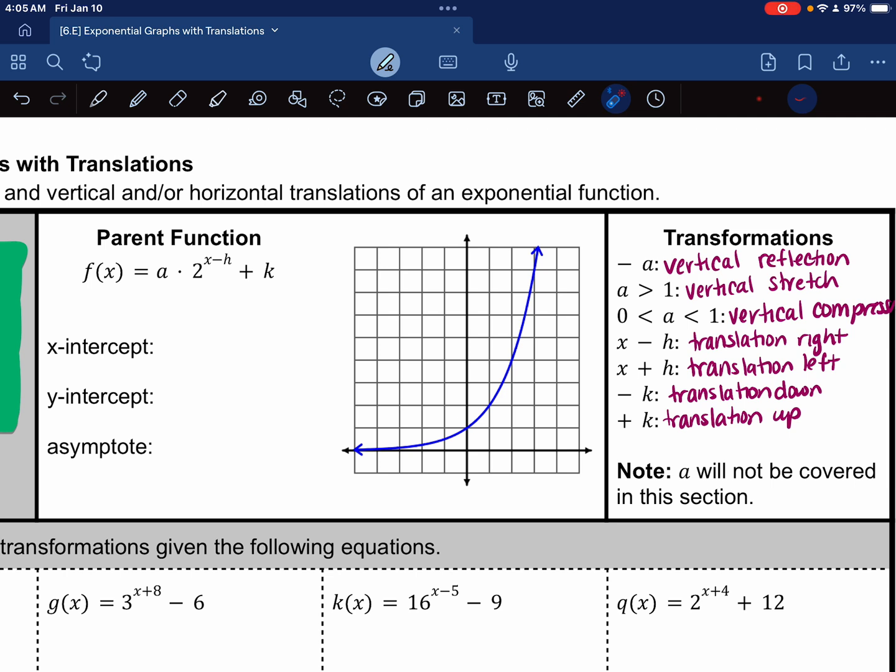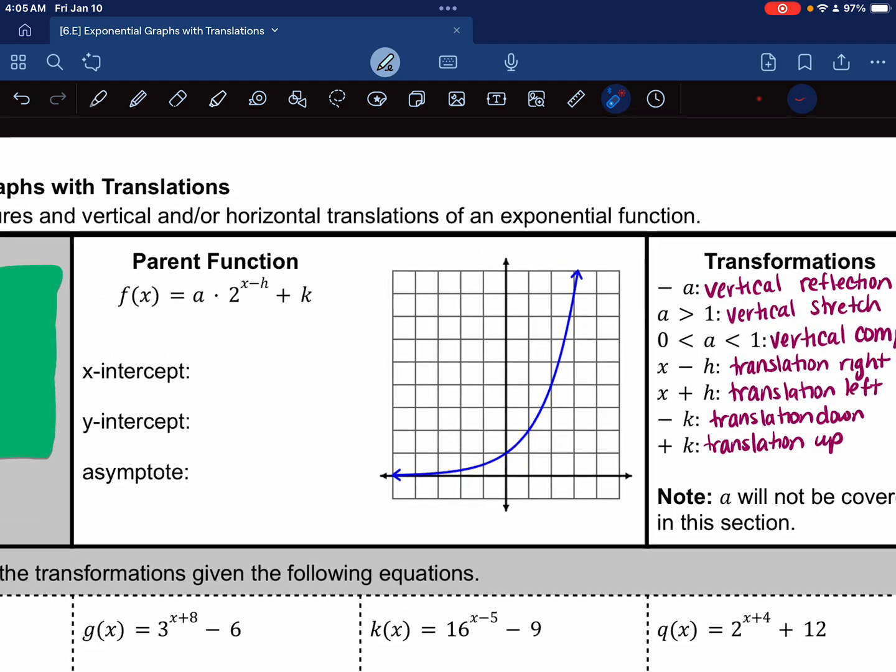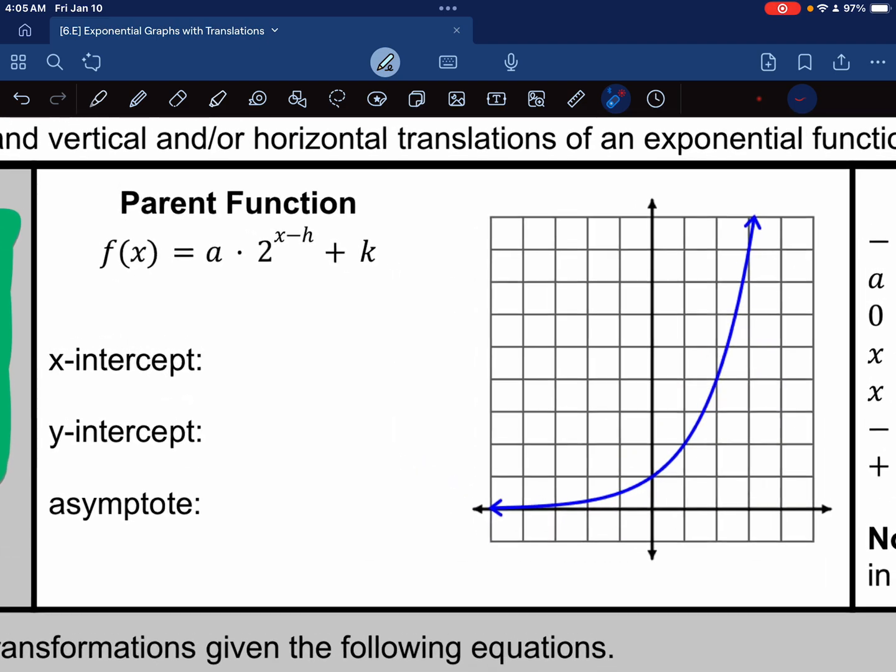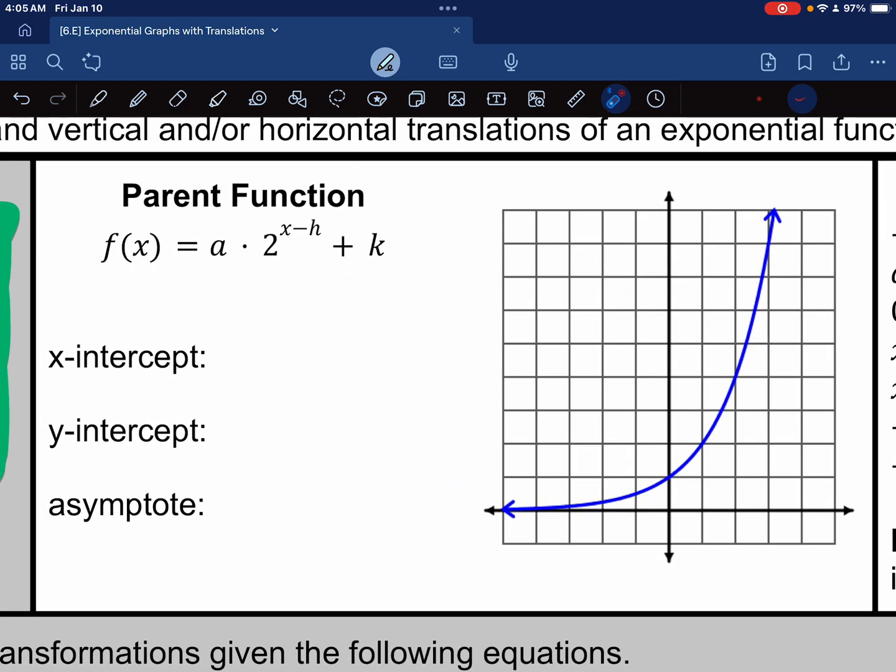All right, now I just want to talk about some of the key features real quick while we're looking at this parent function. So these functions are made by multiplying and dividing by the same amount every single time. So on the parent function, as you're coming towards negative infinity, so as you're coming to the left here, you're dividing by, in this case, 2 over and over again. Now there's no way to divide by 2 a bunch of times until it reaches 0.